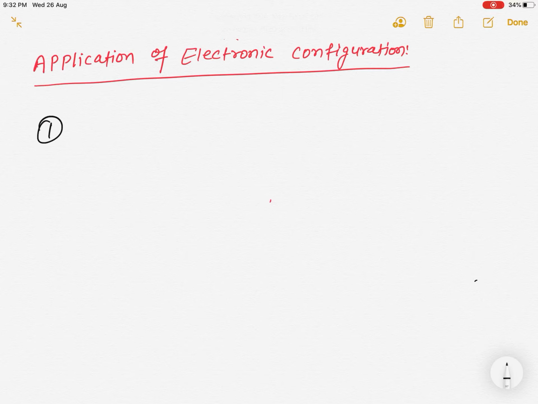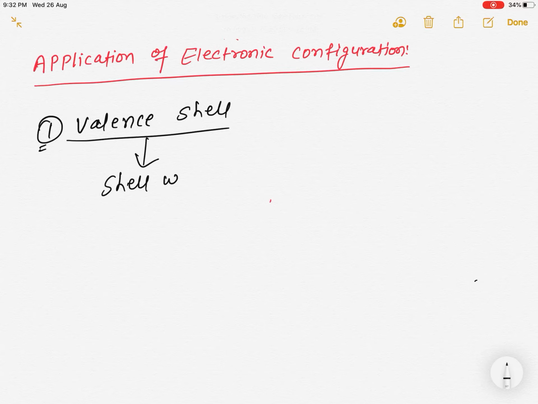The first application that we are going to see is that you can find the valence shell using the electronic configuration. Now, what is valence shell? Valence shell is the shell with the highest value of principal quantum number.